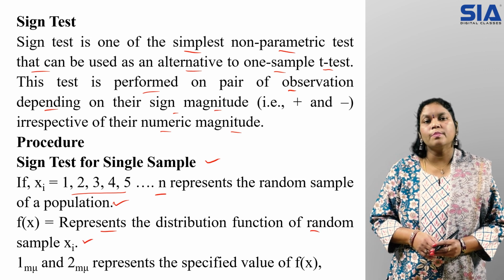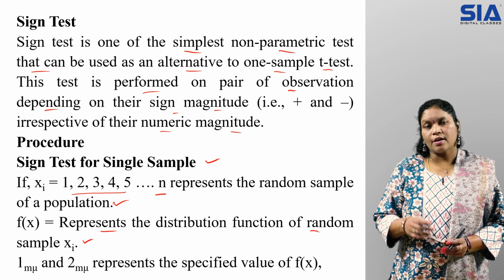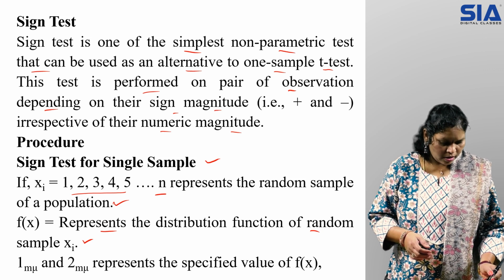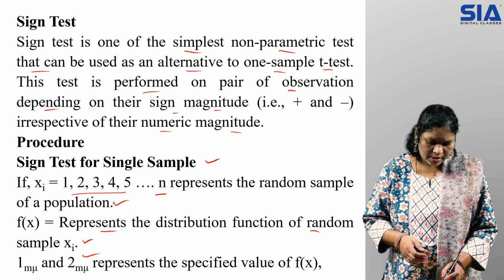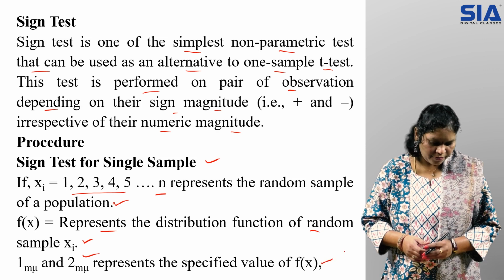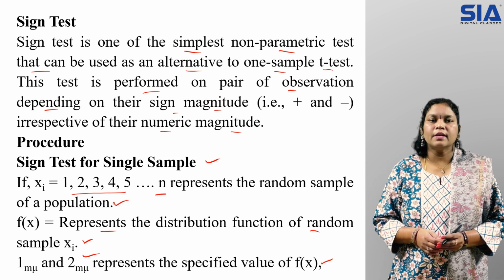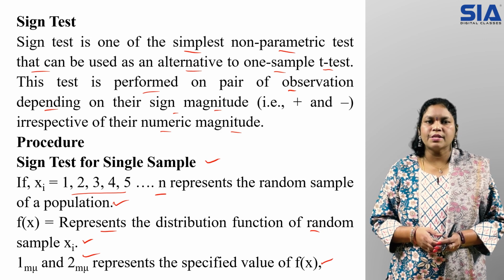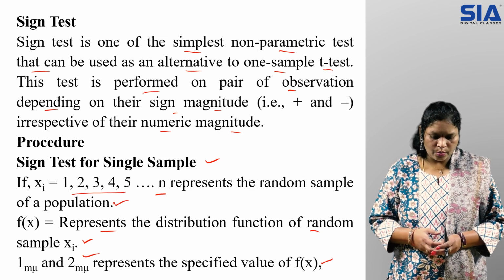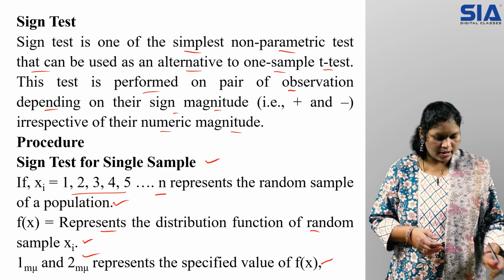Next, mu 1 and mu 2 represent the specified values of f of x, meaning here the median we will consider, and mu is the notation we are using for the medians.